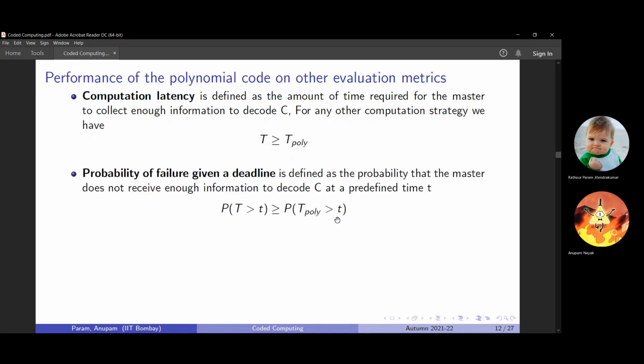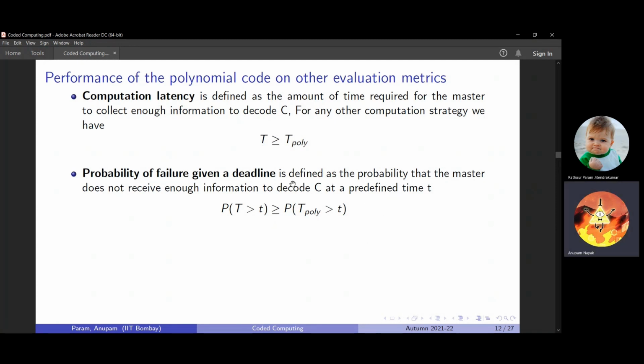There is another metric known as probability of failure given a deadline. We have an arbitrary deadline, and the proof for this follows as a corollary of the proof of the computational latency being optimal.